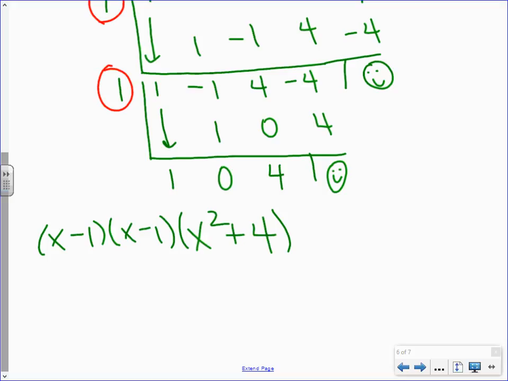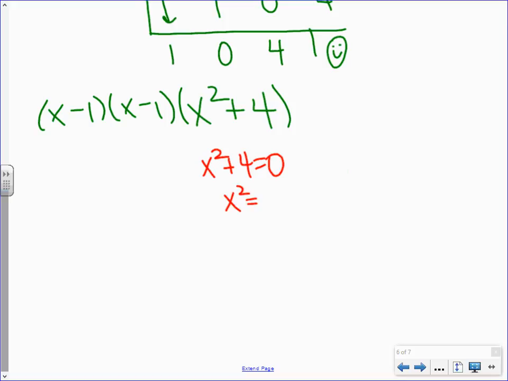Can we factor x squared plus 4? We could factor x squared minus 4, and technically, yes, we can factor x squared plus 4. But to find the zeros, you're going to want to set x squared plus 4 equal to 0.